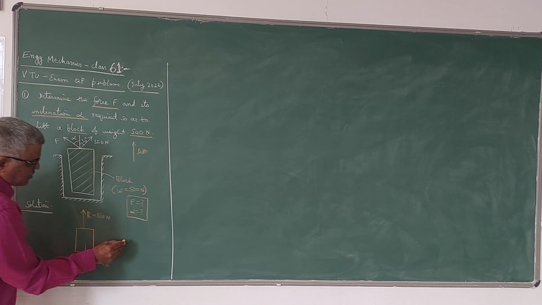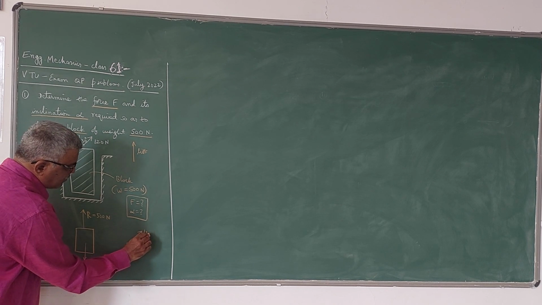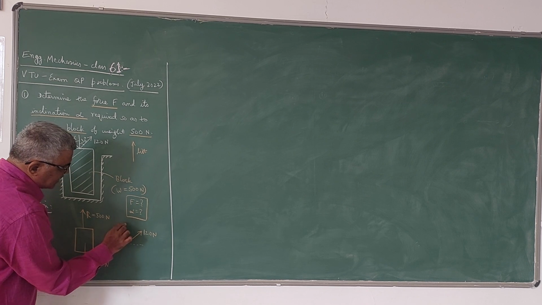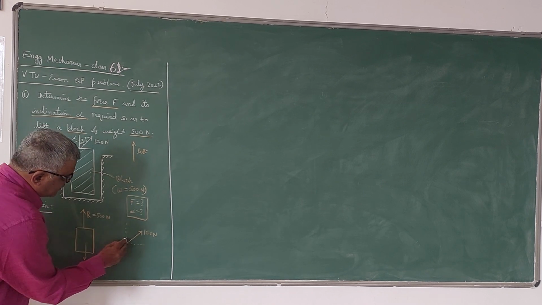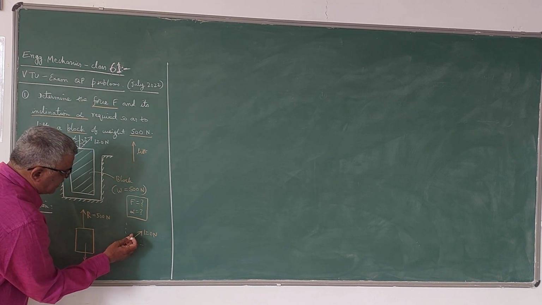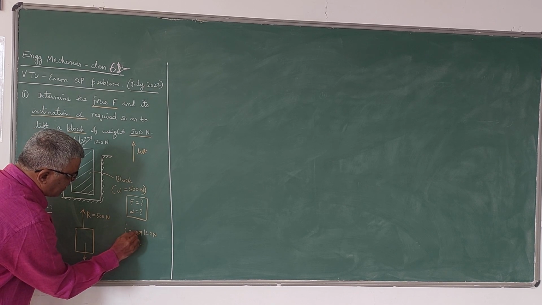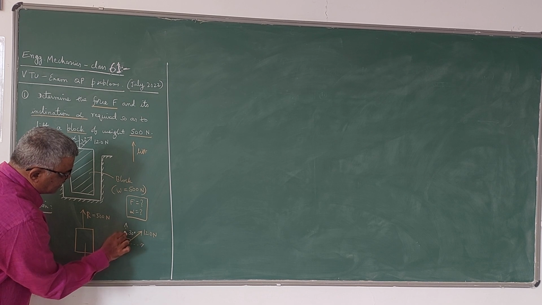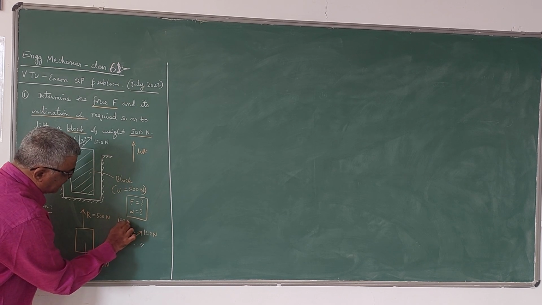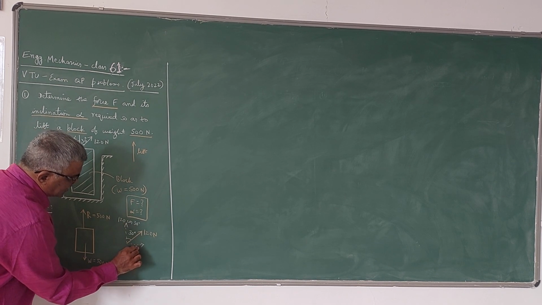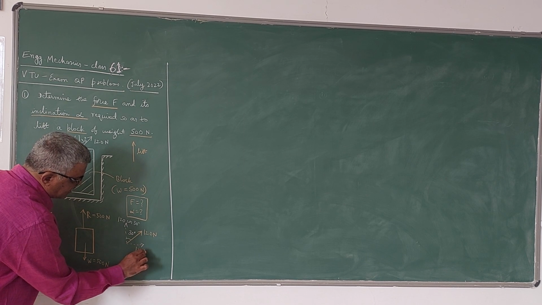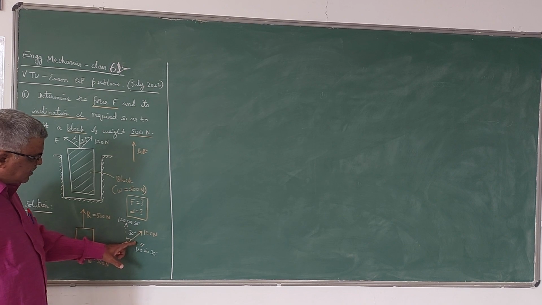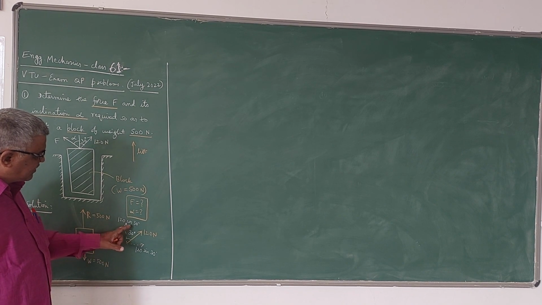If I resolve this 120 Newton force in two mutually perpendicular directions like this, this angle is given as 30 degrees. Since this is 30, this becomes cos. So 120 cos 30, and this is 120 sin 30. Or you can take this as 60 degrees and write 120 cos 60 and 120 sin 60.